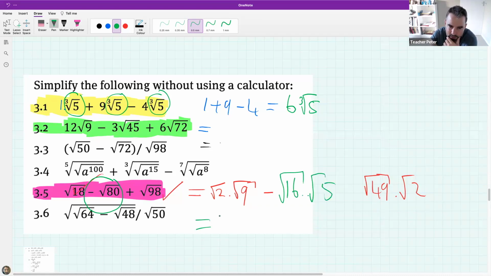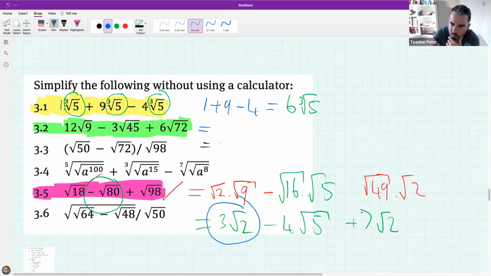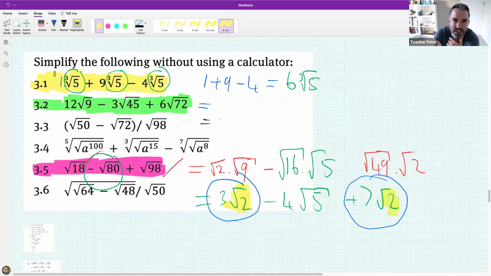So then we're going to get 3 root 2 minus 4 root 5 plus 7 root 2. Now, we can only put these ones together because they have the like term of root 2. And so those two together will give us 10 root 2.